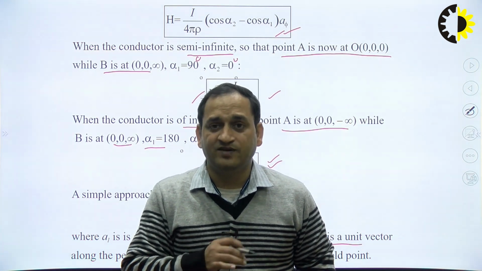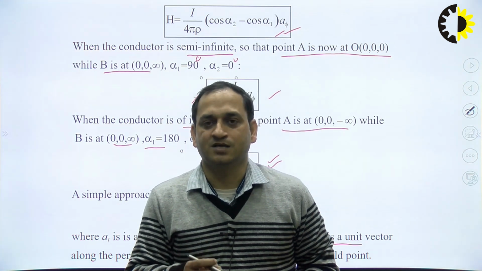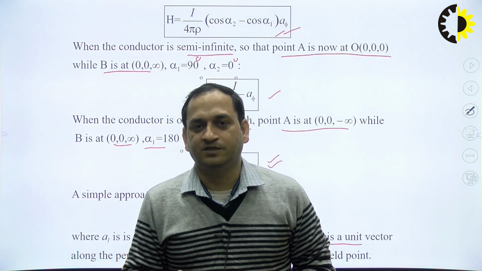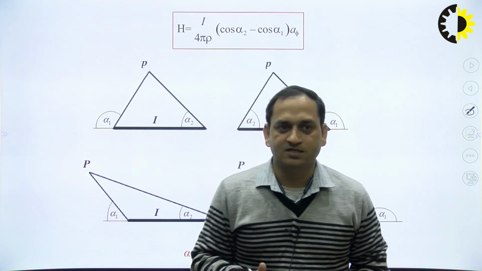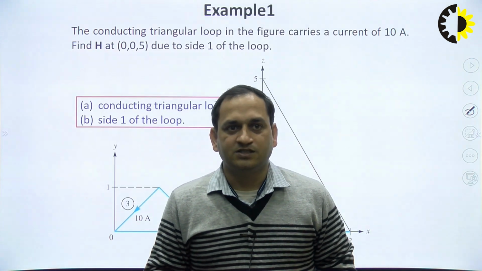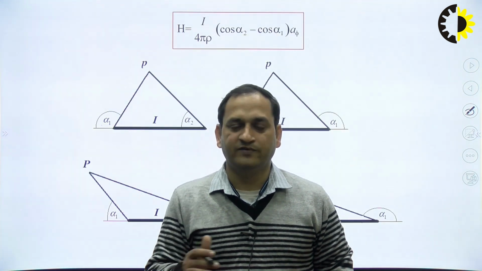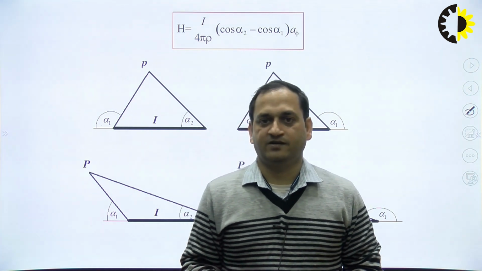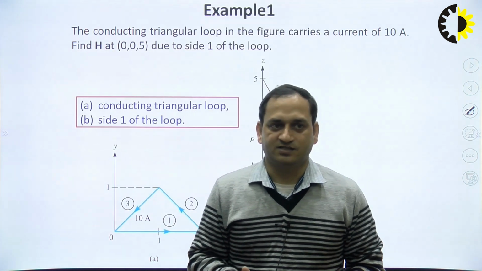This is a very important topic, and it comes in your UT exam very frequently. Every time, in one way or another, this question will be asked, or they can ask one of the numericals about it, right? So I have discussed how the values of alpha 1 and alpha 2 change for the semi-infinite and infinite cases.